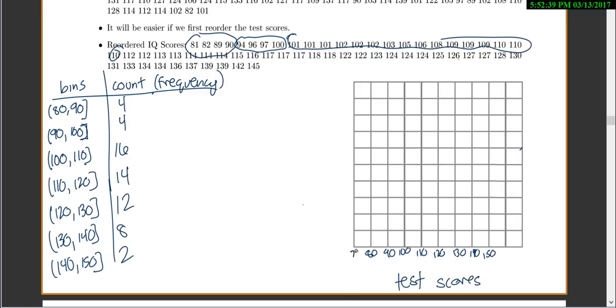I guess I'd make that 70 there. And then you can decide what you want to count by on the side. I need to go from about 0 to maybe 16 or 20. So I might do every line count by 2: 2, 4, 6, 8, 10, 12, 14, 16, 18.